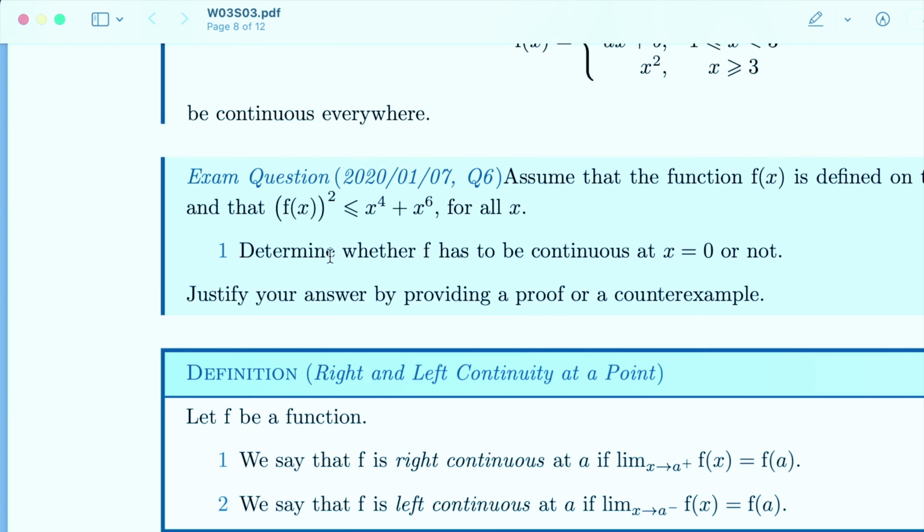Determine whether f has to be continuous at x equals 0 or not. Justify your answer by providing a proof, if you believe this is true, or a counterexample, meaning bring an example that shows that this is not correct. Of course, this is only one part of the problem. There were some other parts, but you couldn't solve those parts yet.